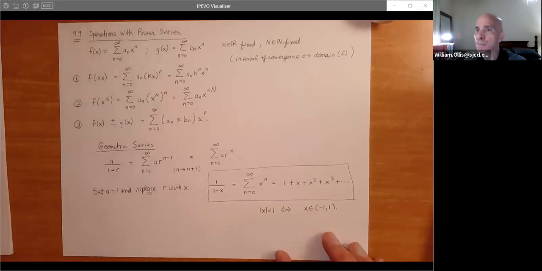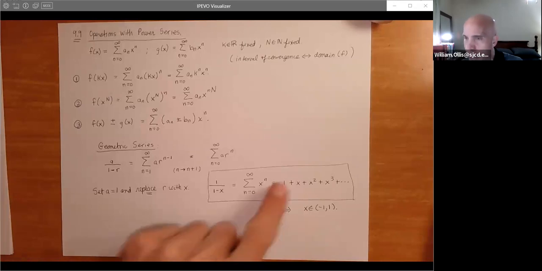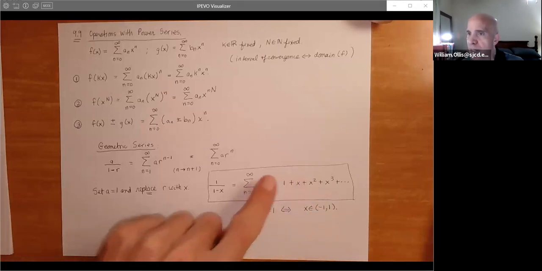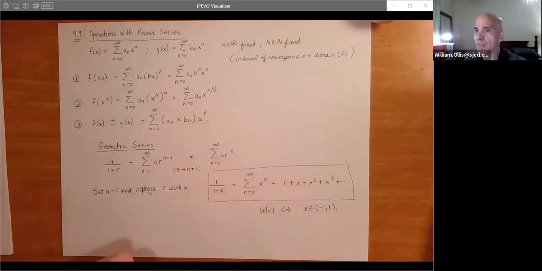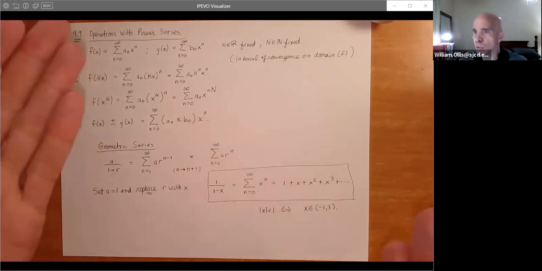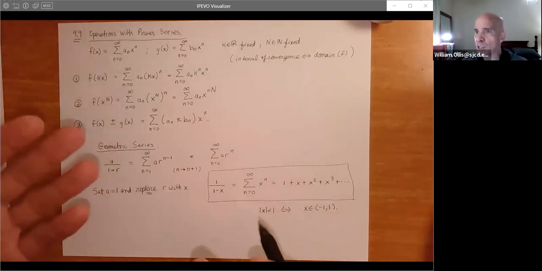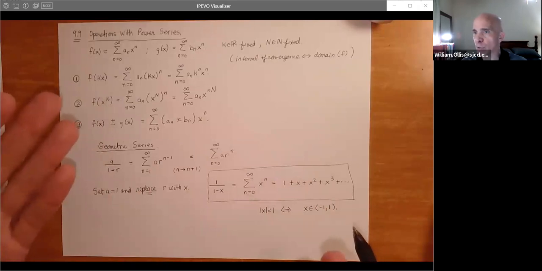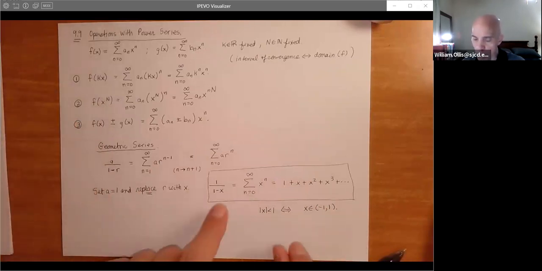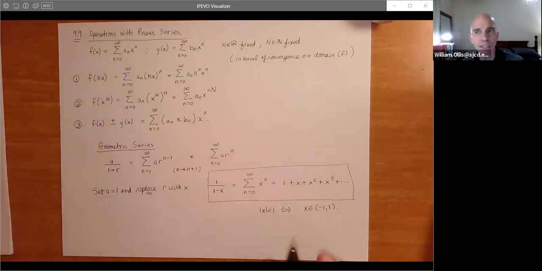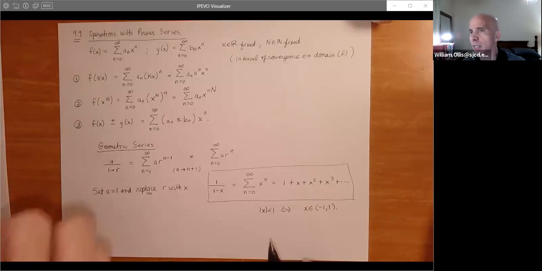So what's nice about the geometric series is that we already have a lot of the difficult part that is available to us. We don't have to use the ratio test and figure out the interval of convergence. If we start with this, we already know what it is. And then, of course, if we apply differentiation or integration, we're pretty much going to have to check endpoints.